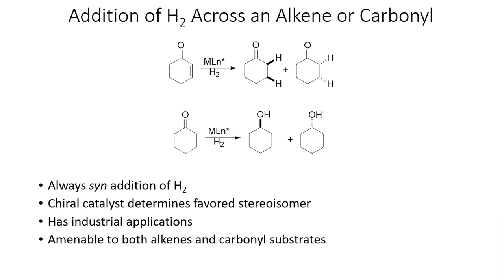The catalyst creates an environment around the substrate that favors addition of your nucleophile or whatever you're adding from one side relative to the other side, and then you have these two competing transition states. Obviously, the one that's lowest in energy is going to be the transition state that dictates the outcome of the reaction.